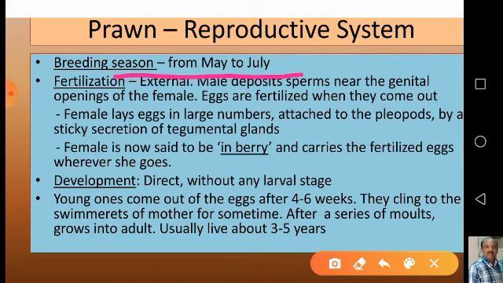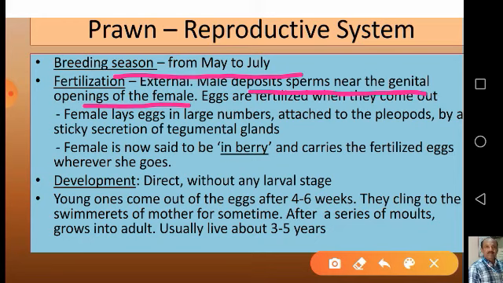The fertilization is external. The male deposits sperms near the genital openings of the female, that is, on the third walking leg, near the female genital aperture.